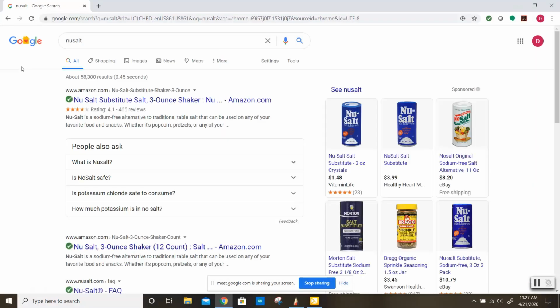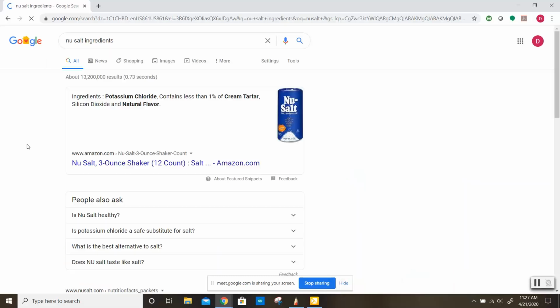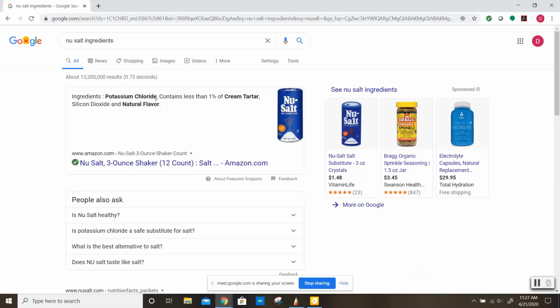What is new salt? Ingredients. Potassium chloride.